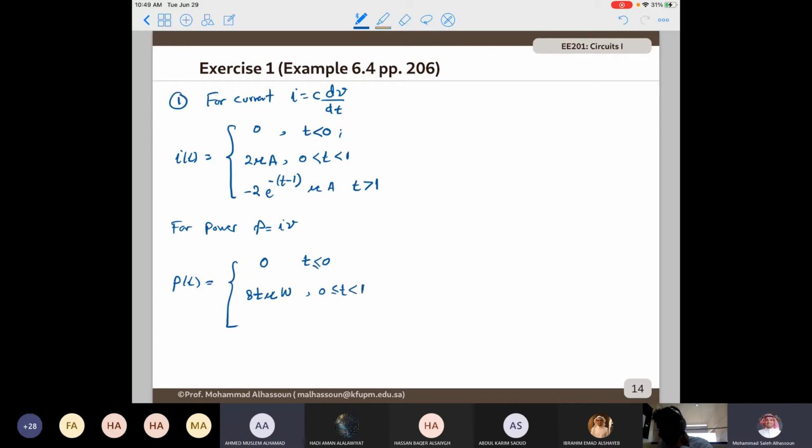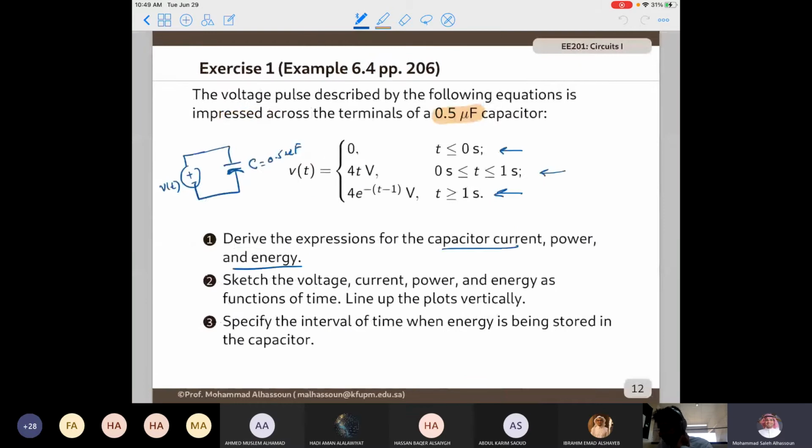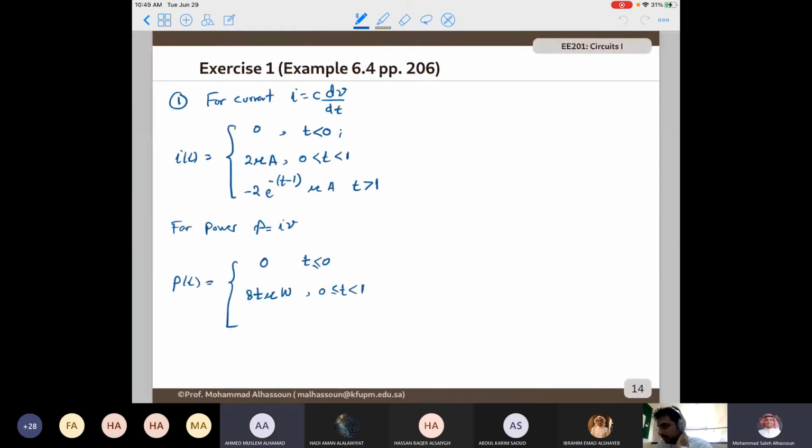And the third one is this expression multiplied by the current expression, so this gives you minus 8 e to the power of the exponent.